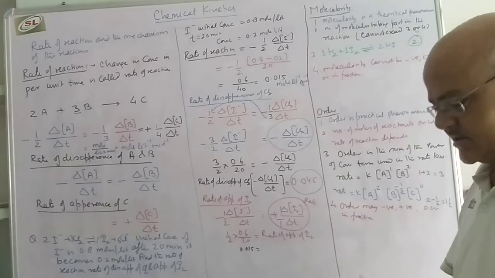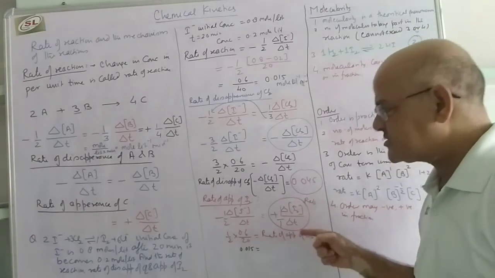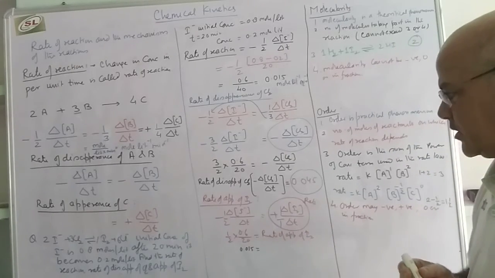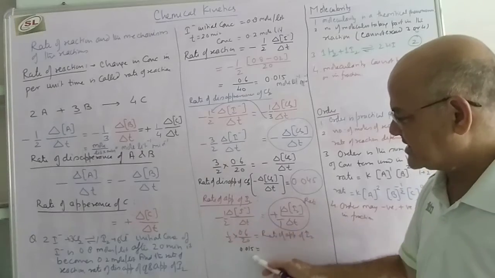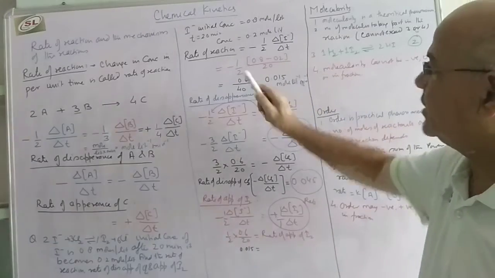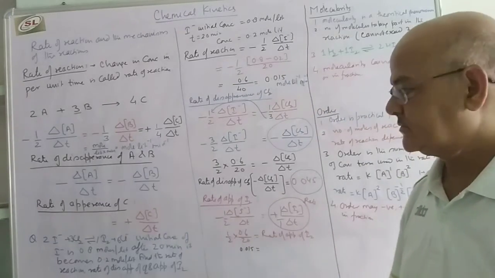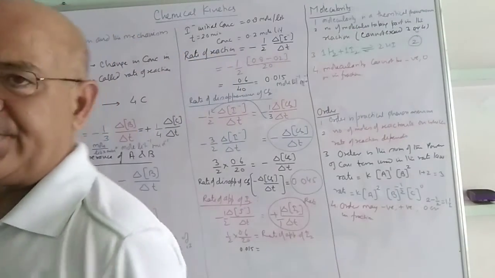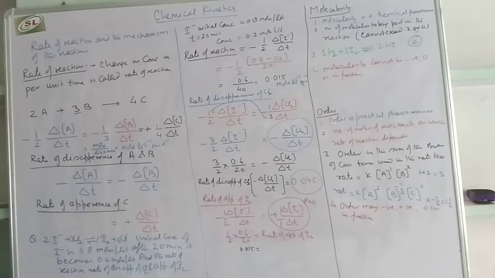In this case, the rate of appearance of I2 and the rate of reaction will be the same, and we will get the same answer as we have done over here also. So this was all about the rate of reaction, the rate of disappearance of the reactants and the rate of appearance of the products.